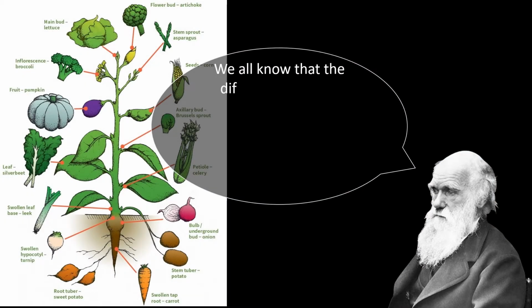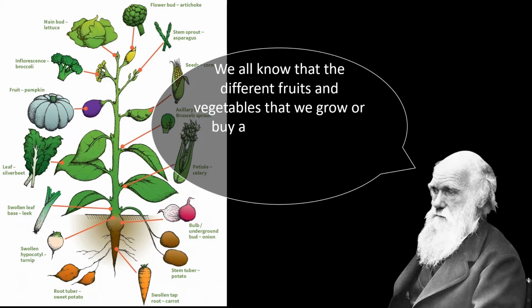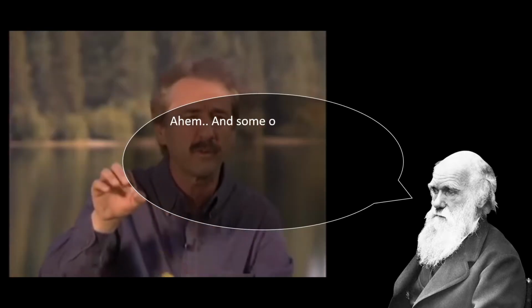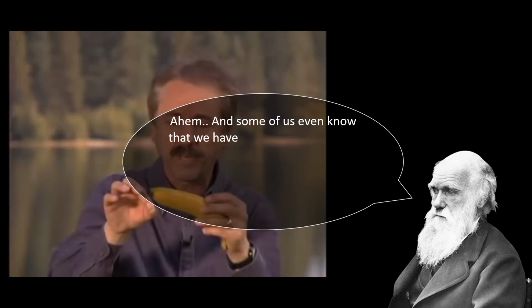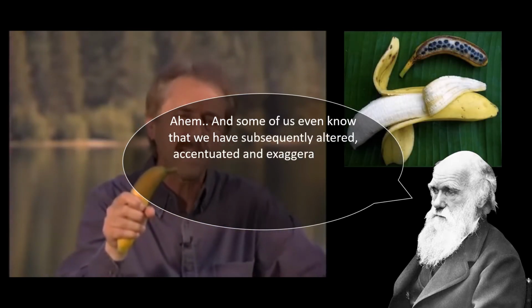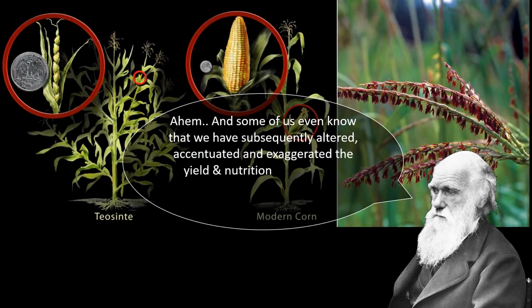We all know that the different fruits and vegetables that we grow or buy at the market are derived from different parts of their respective plants. And some of us even know that we have subsequently altered, accentuated, and exaggerated the yield and nutritional capacity of these plant organs from their humble wild counterparts.